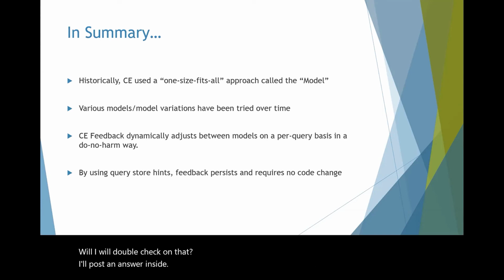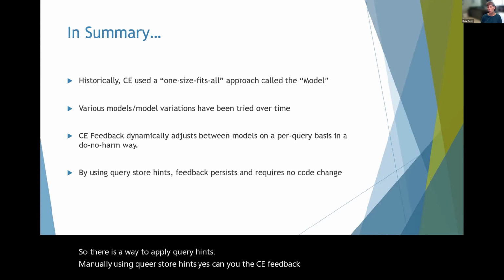Okay. Are we able to manually add query hints in Query Store? For example, we test with CE feedback in dev and find some queries are consistently improved. So we want those to have these hints in production without turning CE feedback on. There is a way to apply query hints manually using Query Store hints. Can you apply the CE feedback hints? I don't know. I think you can.